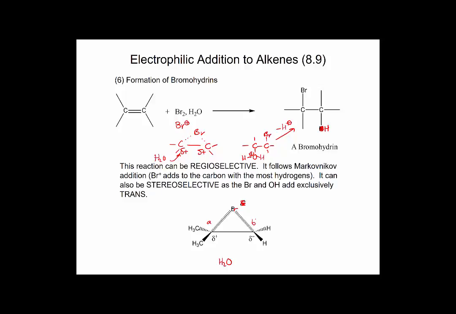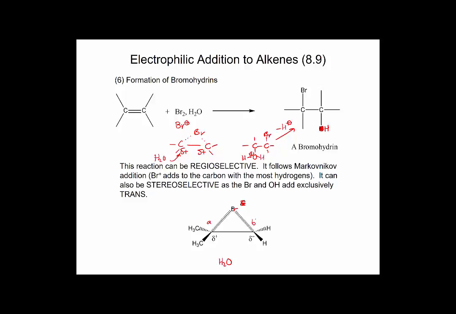Stereoselectivity. Could be stereoselective in this case. Why? Because I'm adding my two things trans. And I have to use the phrase could because in a cyclic system, you would be able to see the Br and the OH adding trans.